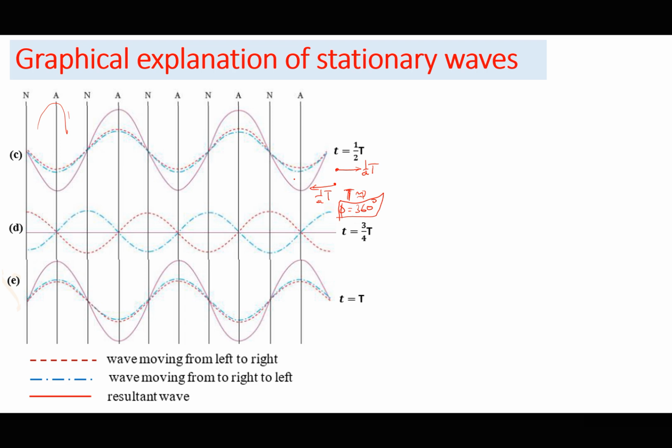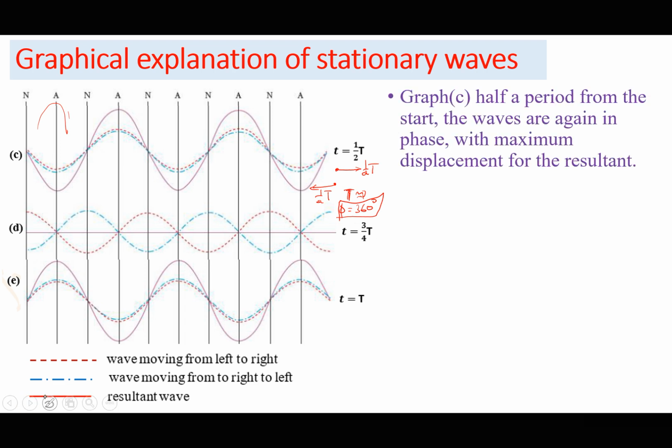So there will be constructive interference, but in the reverse. So graph C, half a period from the start, the waves are again in phase with the maximum displacement for the resultant. That's why you see the peaks are now big for the resultant wave. So we have maximum displacement.